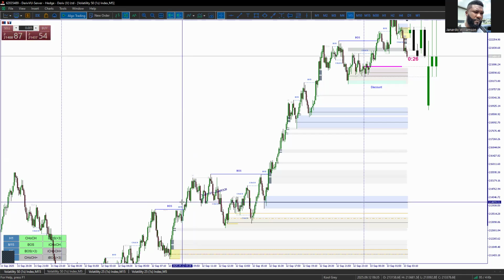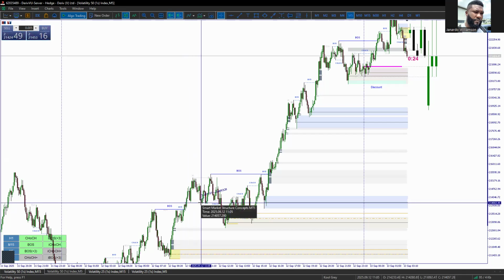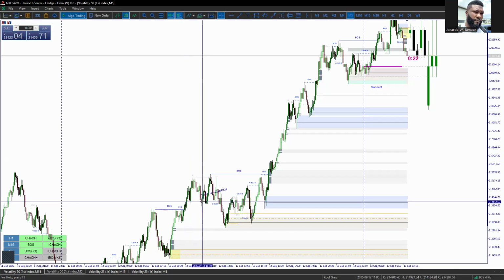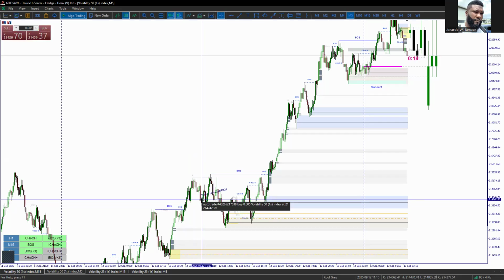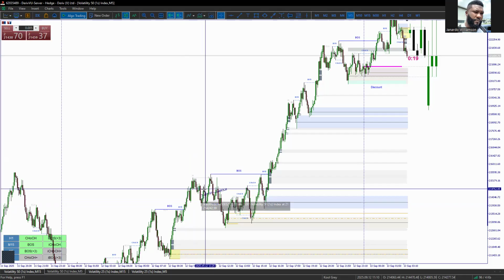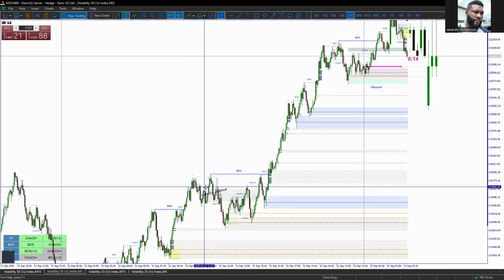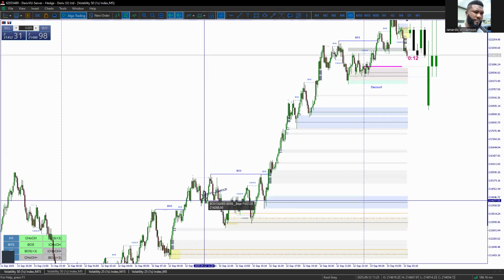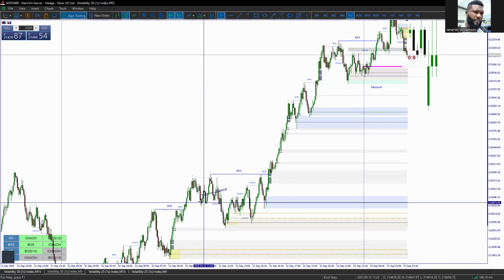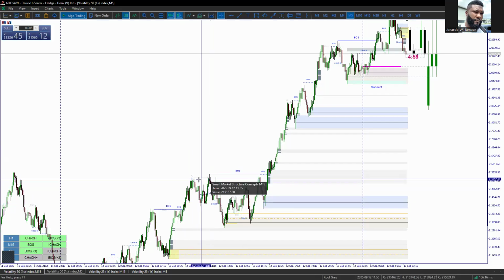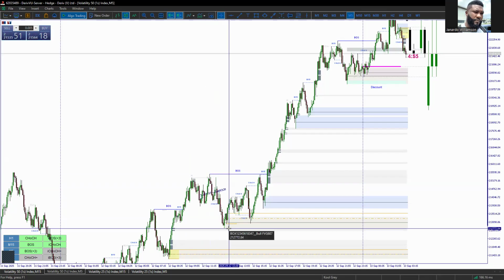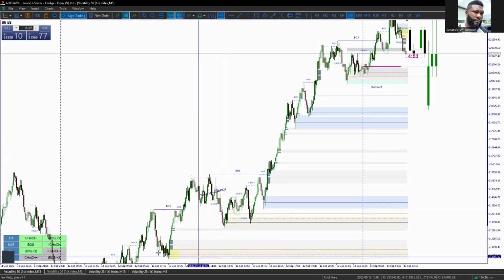This was an OB or a demand level that I got tested right here and got a little bit of a late entry, and I went break even as soon as price came up to here. Now we came back down and it stopped me out at break even in this channel, but my entry was a little bit later. My entry should have been down here in the OB, and assuming I didn't go break even, I would have caught this move here before it came back down.